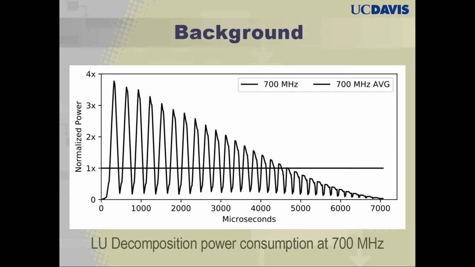So here's a LU decomposition on a GPU. And you can see that the maximum power is almost 4 times the average power. You're really paying that top cost because you have to provision everything for that worst case power.